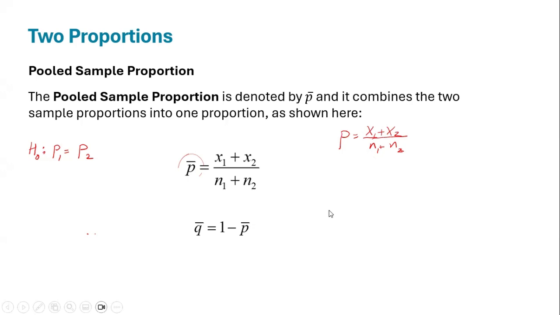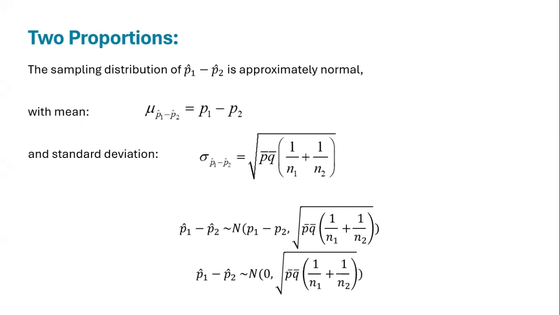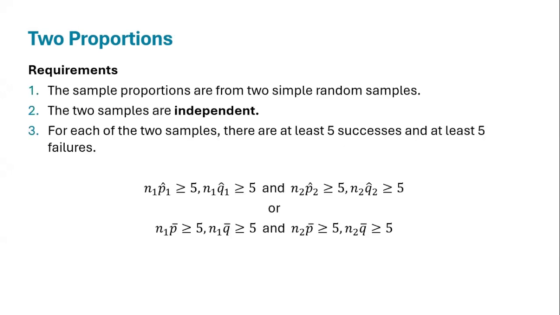After finding the pooled estimate proportion, like any other hypothesis test, we need to check the requirements. The first requirement is that the samples must be random. The second requirement says that the samples must be independent.